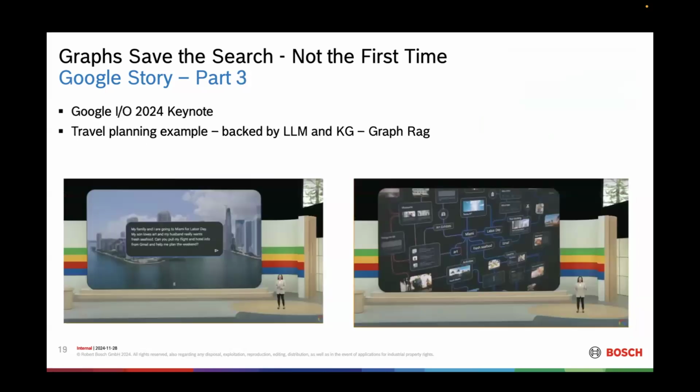So now, if you, for example, take a look at the Google keynote of '24, you can see that we're still continuing with the graph journey. The next stop, if you look at this Google trajectory, is this knowledge graph introduced as a way to bring it into the LLM context.